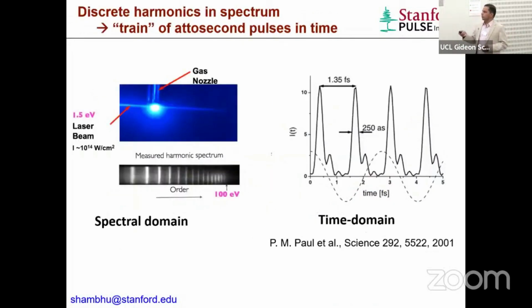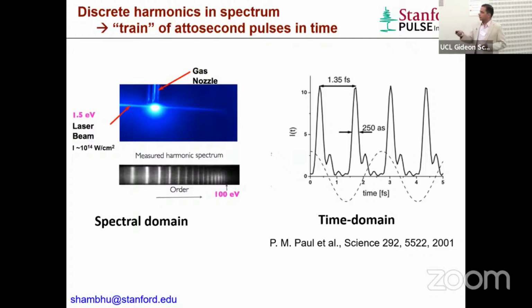So what you observe in the experiment is the interference of this emission. You typically use multi-cycle laser pulses, and these emissions interfere, and what you observe in the spectrometer is discrete harmonic peaks as a result of this interference.